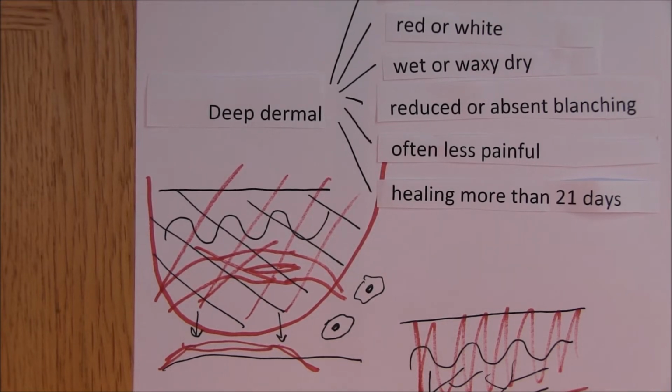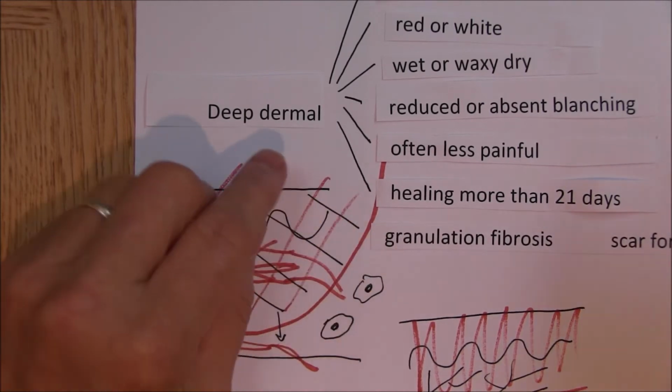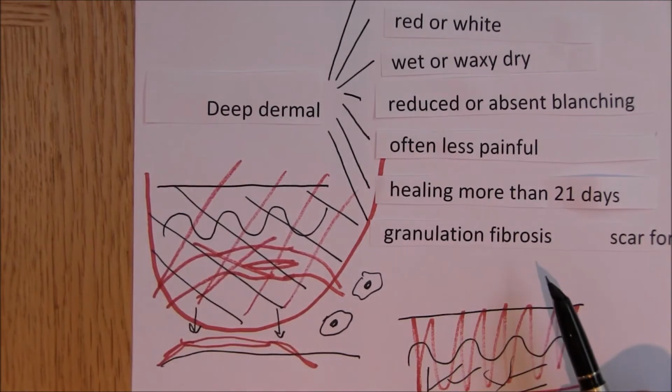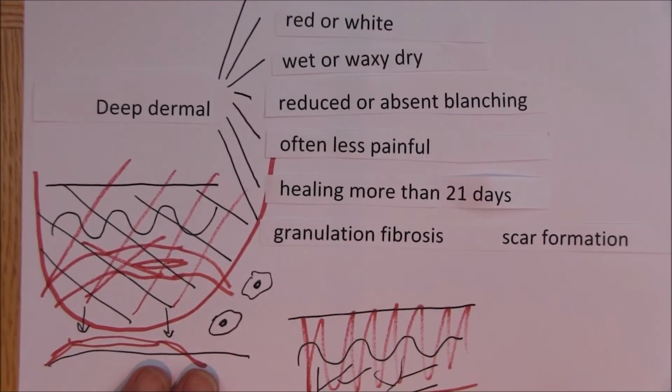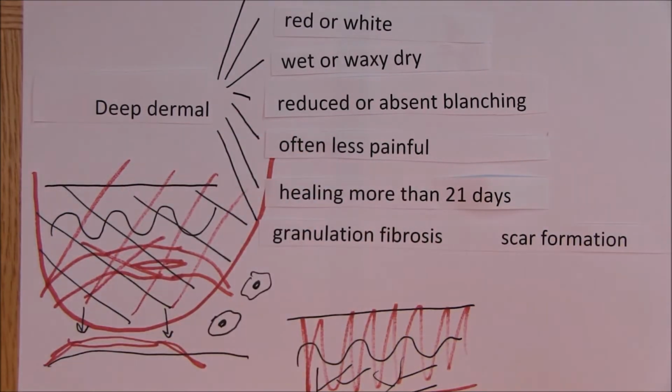Healing often occurs by granulation, the development of granulation tissue. Now, we've looked at this in great detail if you want to look at the series on wound healing, Campbell teaching series on wound healing.